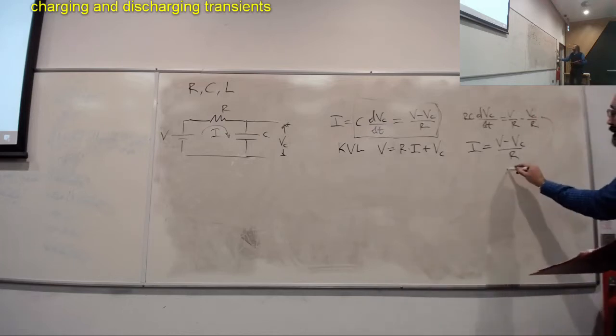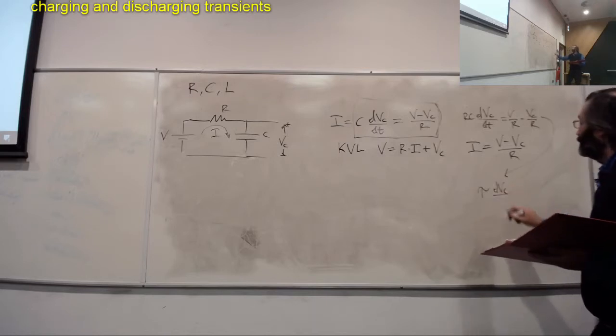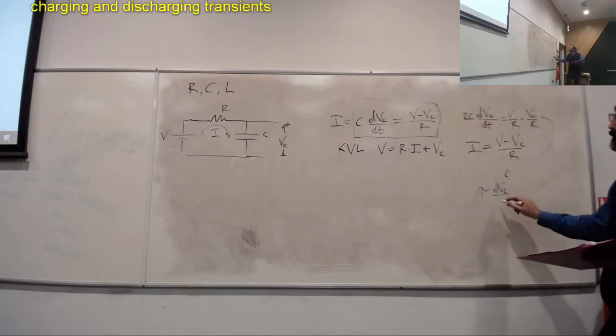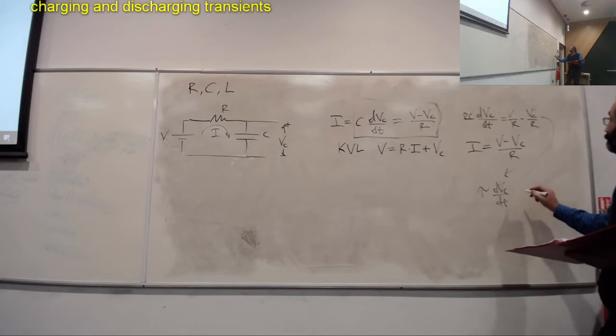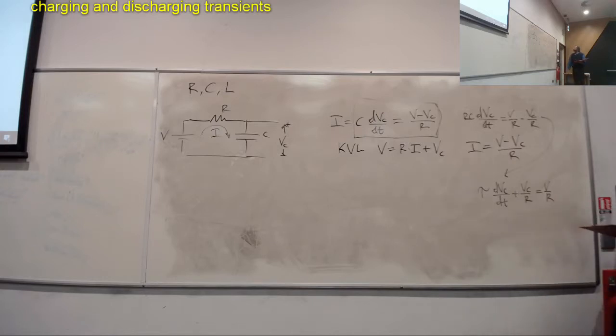Which I will just write like that. Tau, I call tau RC. So this is a linear differential equation, a non-homogeneous one. This is a constant term.